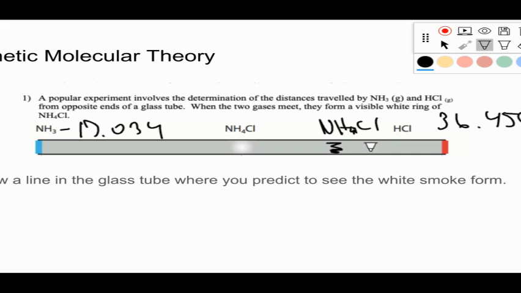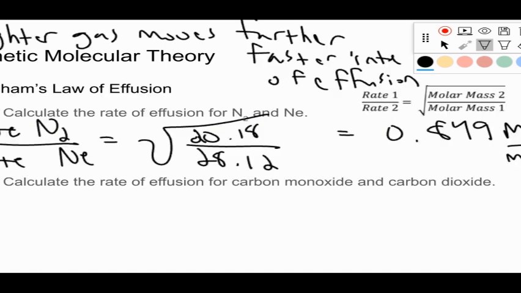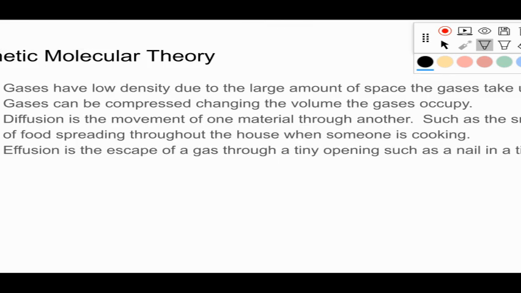So there's different ways that AP is going to ask you questions about kinetic molecular theory. It just really is going to depend on if it's asking you to do one of these, because this really is an effusion question. It's just that they're not going to ask you to solve these calculations.